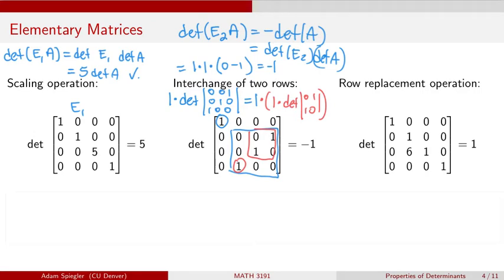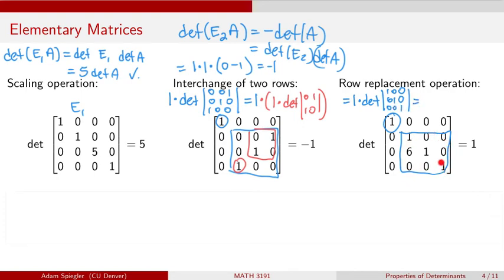Now let's verify this, calculating the determinant using a cofactor expansion across row 1. Row 1 is nice because we have only one non-zero entry here. So we're going to get 1, and then we only need to worry about one submatrix. So we get 1 times the determinant of this 3x3 submatrix.